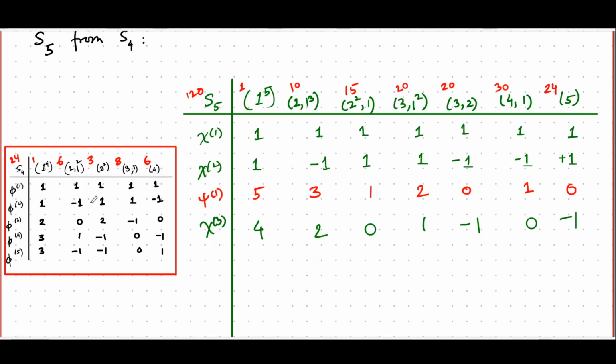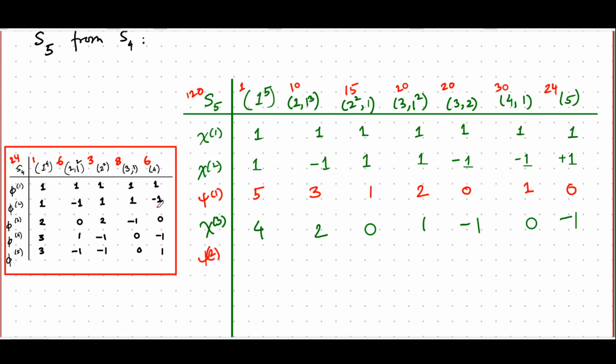Let us now continue with phi 2, the second simple character for our subgroup S4. From this, we should be able to get psi 2, and that should be pretty easy to write down. In fact, the only difference between this one and my psi 1 is that these two classes are going to contribute minus 1.